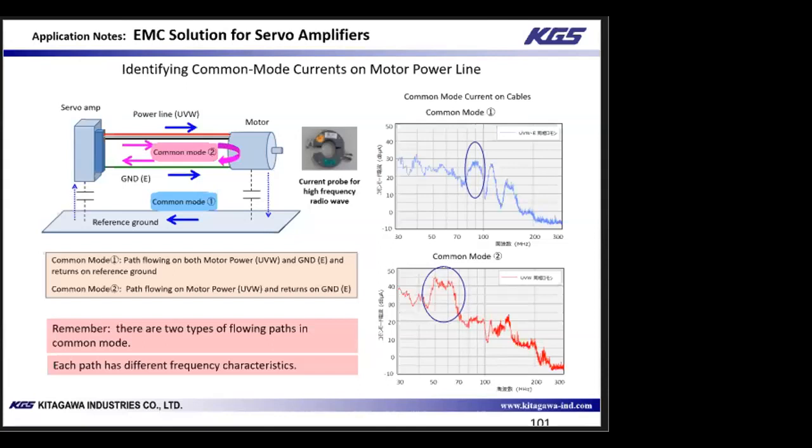Common mode number 1 flows along the UVW and E lines and returns through the air or the reference ground. Common mode 2 flows through the motor power line and returns through the E line or the ground line. Each of the noise current levels was measured and the results are shown in the graphs. The top graph is common mode number 1 and the bottom graph is common mode number 2.